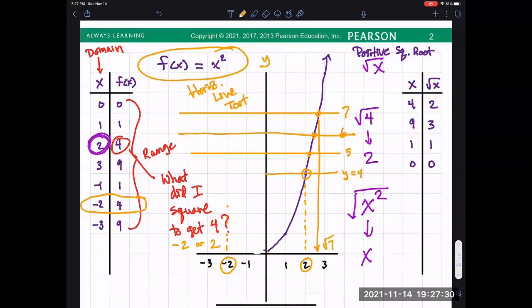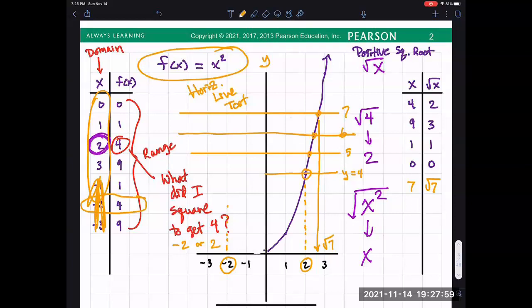So I can put in a 7 on my function, and the square root of 7 is my answer for my inverse function. Each input now has only one output. And what we see is that the domain of the original function, all the values that were in the domain of the original function, except the ones we threw away, are now the range values of the inverse function.